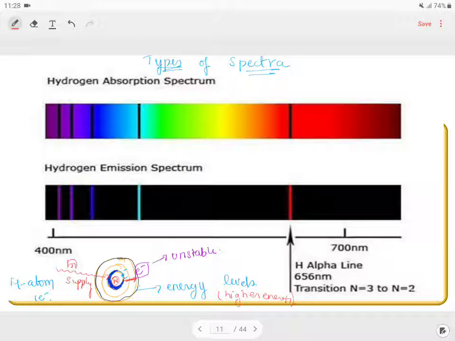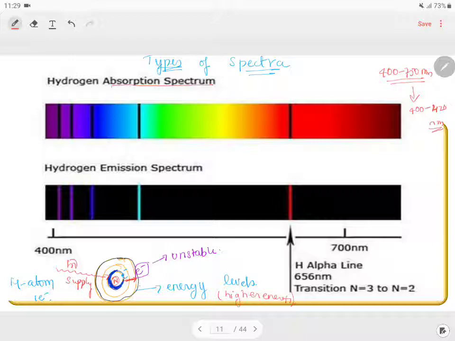Let's say you are supplying energy between 400 to 750 nanometers, out of which let us assume that it is absorbing energy from 400 to 420 nanometers. If I look at the photographic plate and observe how much radiation is being absorbed by the electron, then the resulting spectrum which we get, we call it absorption spectrum.